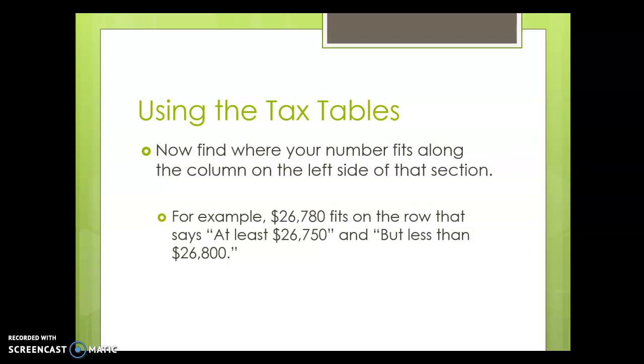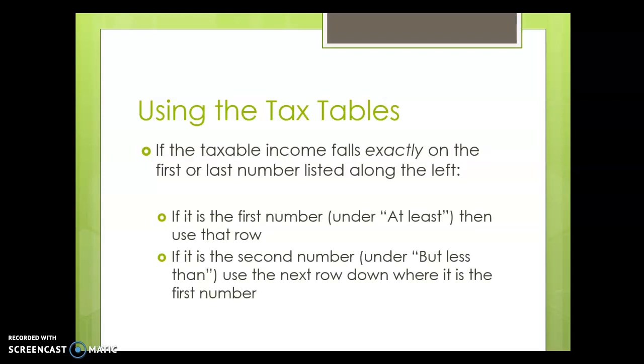Then you're going to find where your number fits in that section, what row it's on. For example, the 26,780 fits on the row that says at least 26,750, but less than 26,800. That's the row you're going to use. Then you'll move over to the right to the filing status.